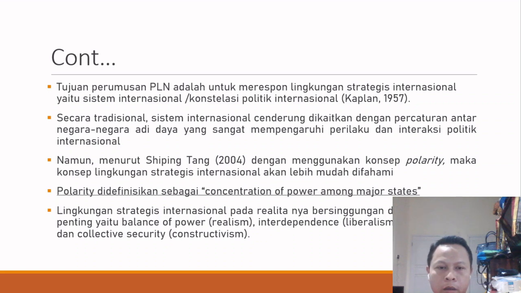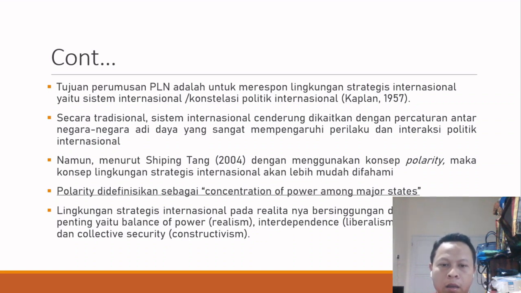Referring to the mainstream theories in IR, the international strategic environment is always defined in at least three aspects. First, realism has what we call the balance of power: if there is competition among major powers, there exists a balance of power.